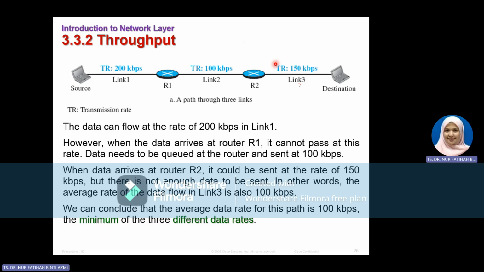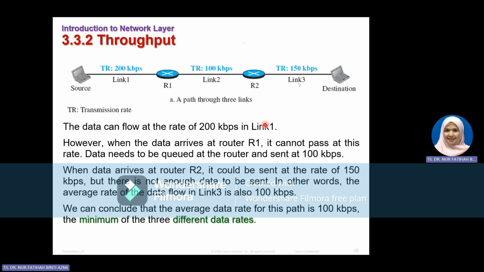Let's take a look at this figure. We have a path from the source to the destination where there are three links, link 1, link 2, and link 3, with two routers in between, R1 and R2.